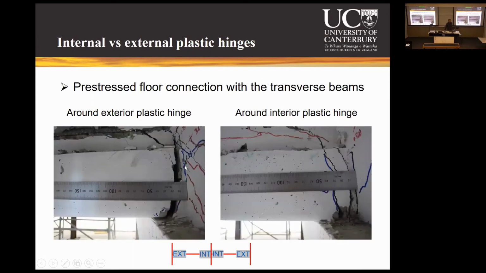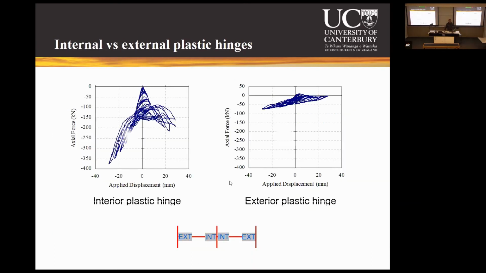Not only that, you can see in the internal and external plastic hinges the precast rib seating on the transverse beam. The opening of that, the tearing damage, was a lot higher in the external plastic hinge, the external edges, and much smaller, much more restrained in the internal one. So the clear message was that the external plastic hinges will be subjected to greater demands or greater damage compared to the internal plastic hinges.